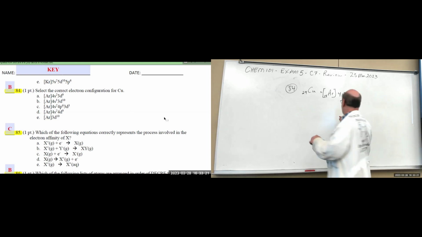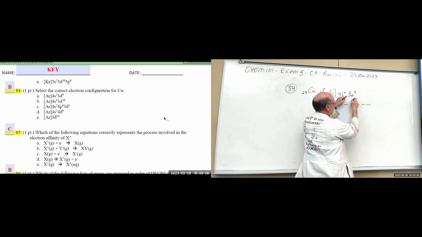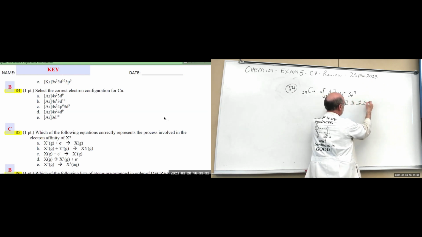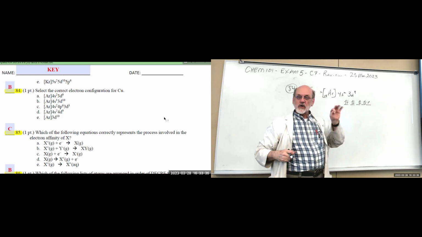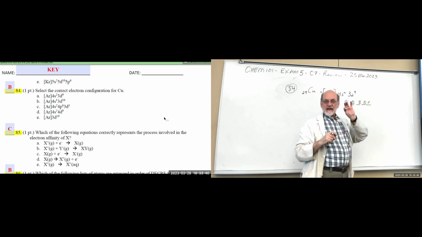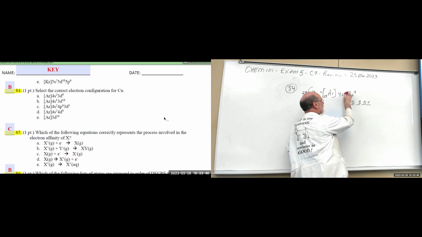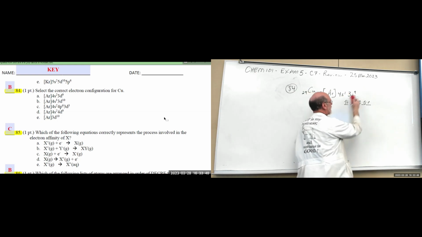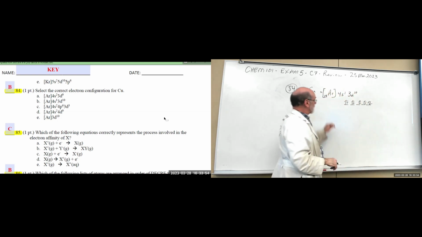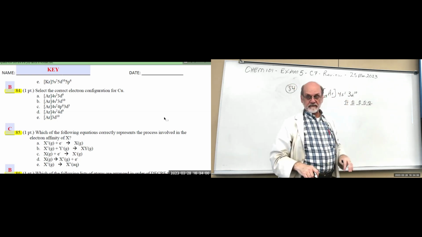Once you've gotten to this point, see 1, 2, 3, 4, 5 suborbitals of D. We would do 1, 2, 3, 4, 5, 6, 7, 8, 9. Okay, this is so close to a complete d orbital. The lower energy state is to take one of these electrons from here and put it over here. So the electron configuration of copper actually is 4s1 3d10.